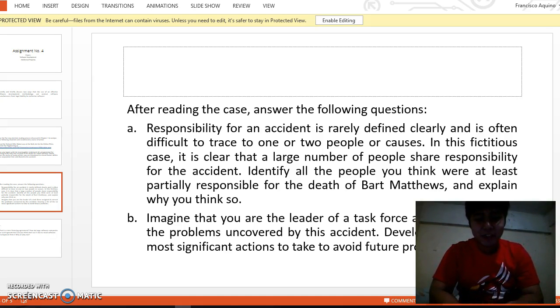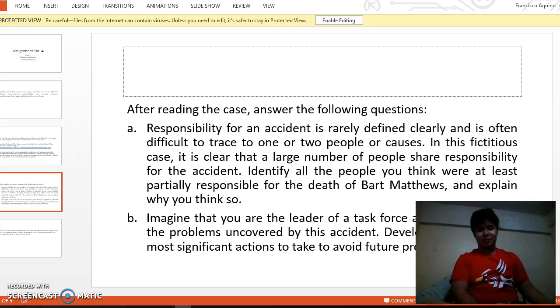Imagine that you are the leader of a task force assigned to correct the problems uncovered by this accident. Develop a list of the 6 most significant actions to take to avoid future problems.